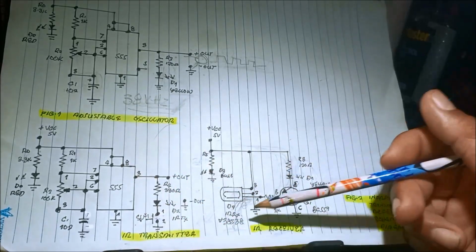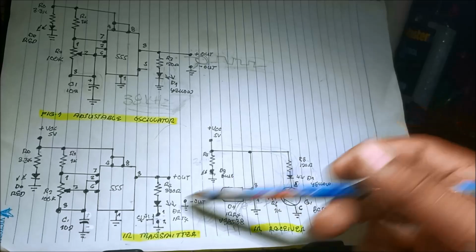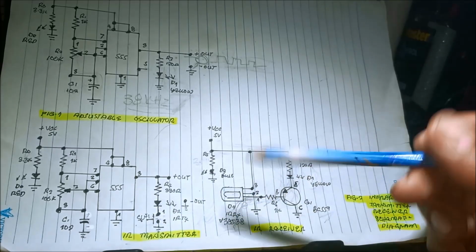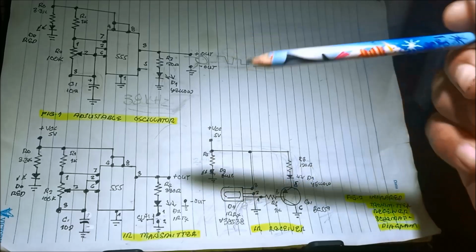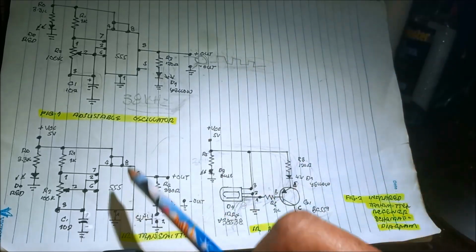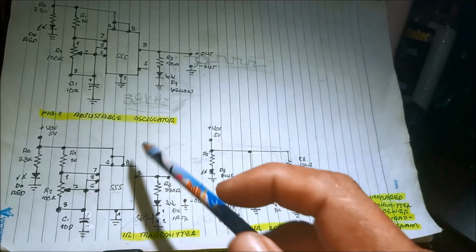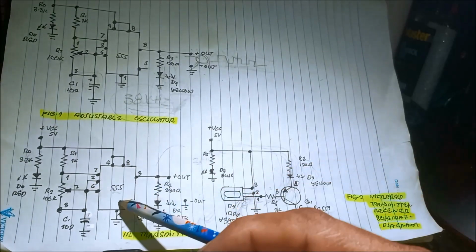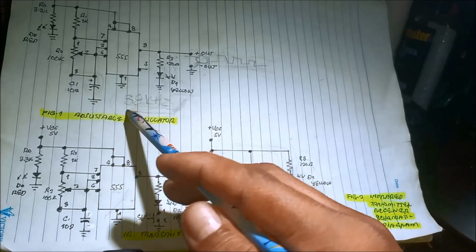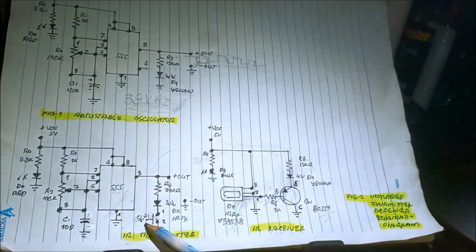So this is a wireless transmission, a remote control using a transmitter and receiver, or the remote built by using a 555 timer and constructing this 38 kHz.